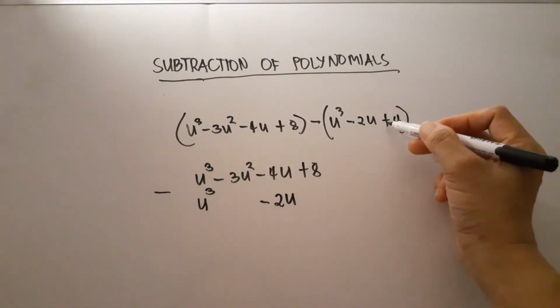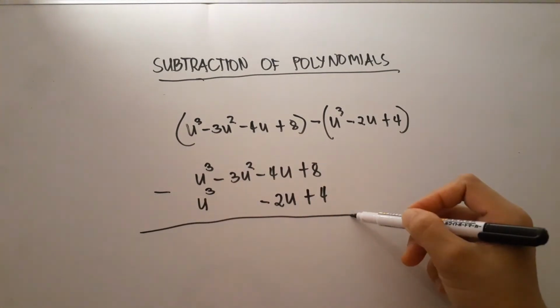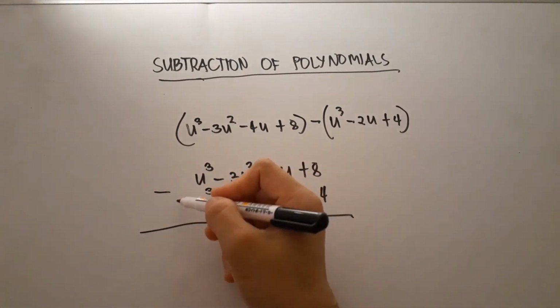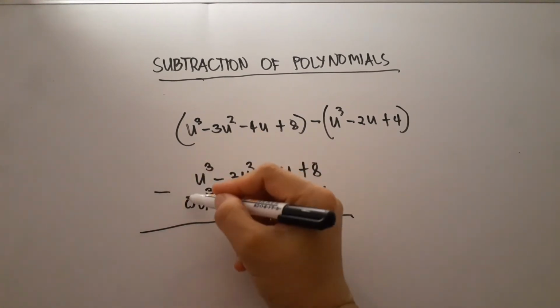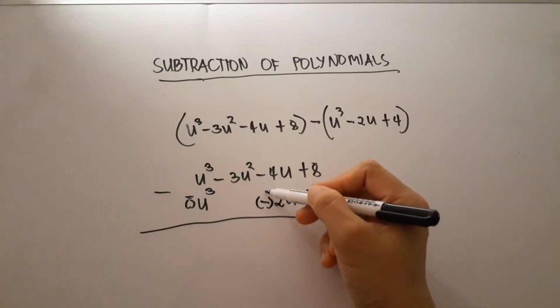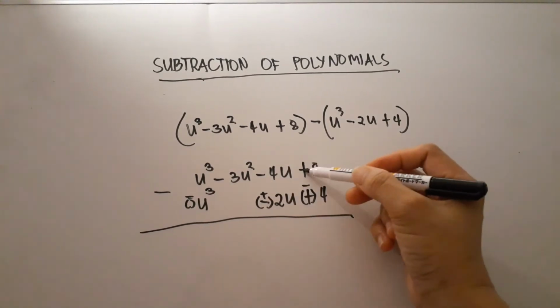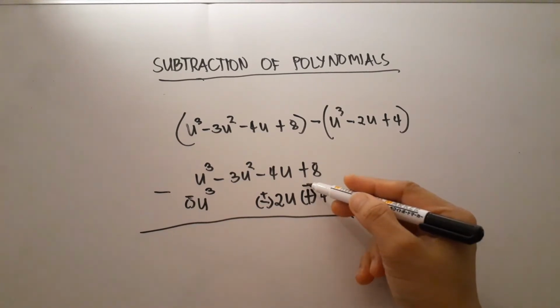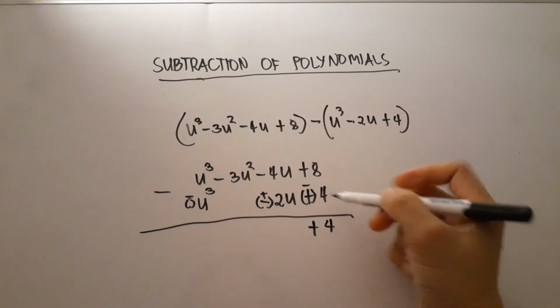Remember that we arrange the rows into like terms and change all the signs in the second polynomial, which is positive becomes negative, negative becomes positive, and positive becomes negative. So since our larger value is 8, 8 minus 4 becomes positive 4.